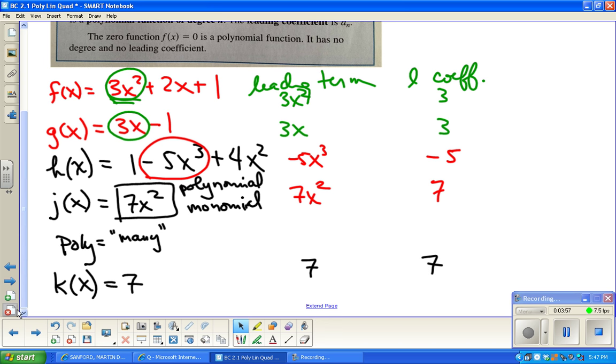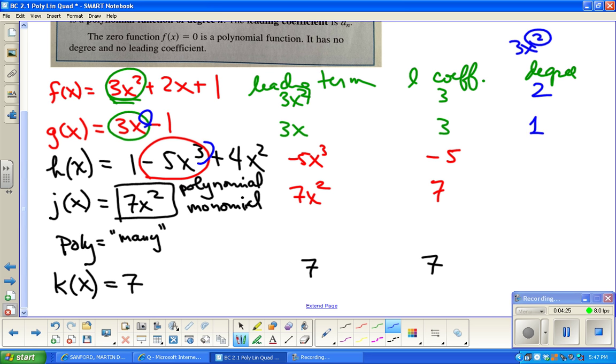And then with all of these, you can talk about degree. The degree is the highest degree out of all those terms. So it's the highest exponent for the variable out of all those terms. So this first one has a degree of 2 because it's 3x squared, and that's the highest exponent for a variable. This second one has a degree of 1.